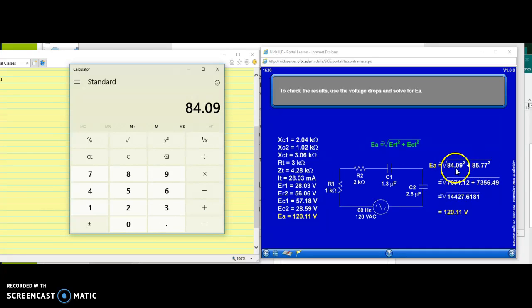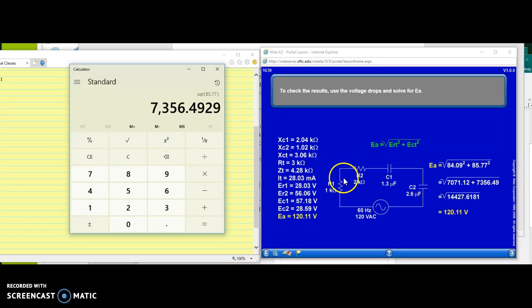So all they did to get this R value here is add up the ER1 plus the ER2. Same thing with EC1 and EC2: 57.18 plus 28.59 equals 85.77. We're going to square both of those.